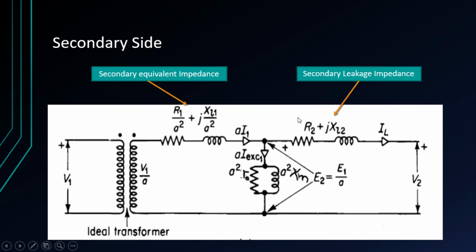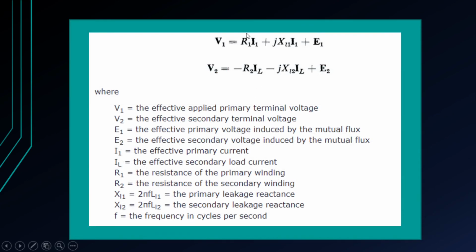So, we have here the secondary leakage impedance and the current. Yun the secondary current. Then, the output voltage na V sub 2. Here, we are going to the formula for V sub 1 is equals to R sub 1 multiplied by I sub 1 plus jX sub 1 I sub 1 plus E sub 1.